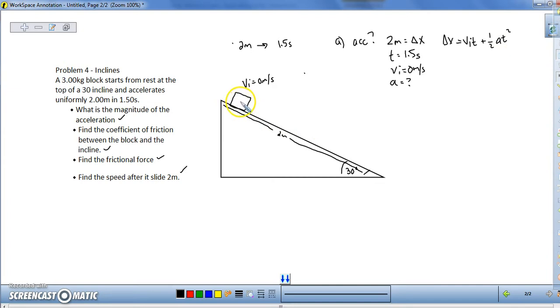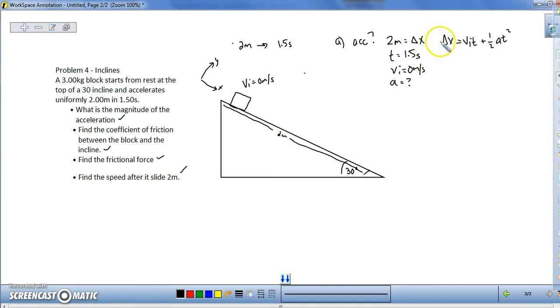Now, what we mentioned earlier, and I'm mentioning again, is that we're going to take the axes as follows. The x is going to be along the incline, and the y is going to be perpendicular to the incline. That means my motion is in one direction, which is a lot simpler than trying to find the components of each acceleration. It would be difficult, so this is the method that I'm using.